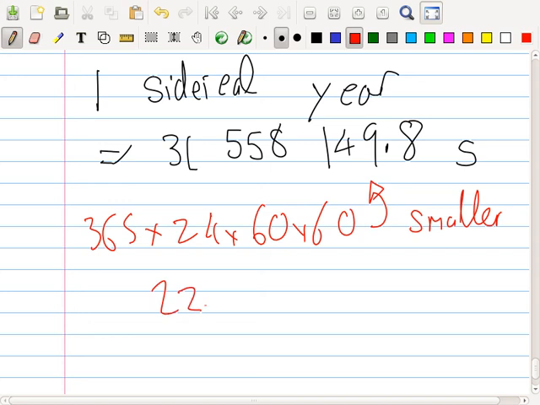It will be 22,149.8 seconds smaller, if I subtracted correctly. So I think this will be maybe 6 hours, 60 times 60 times. Yeah, about 6. So this here is about 6 hours.